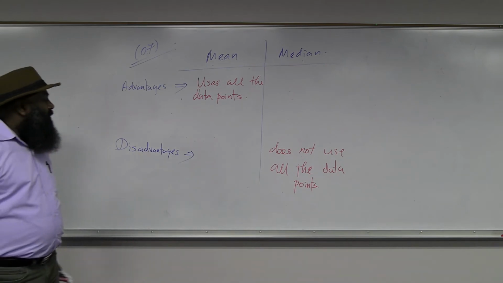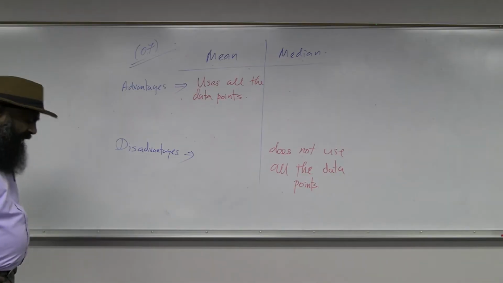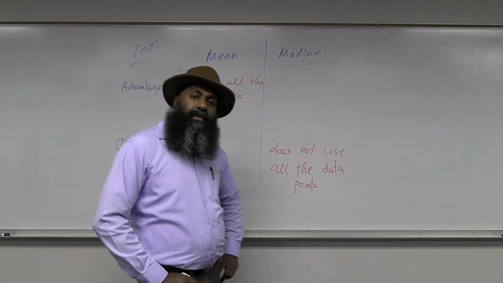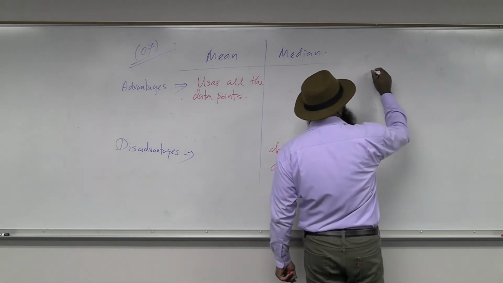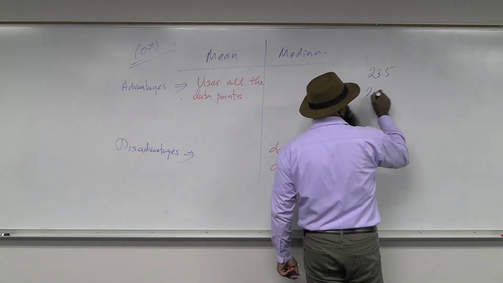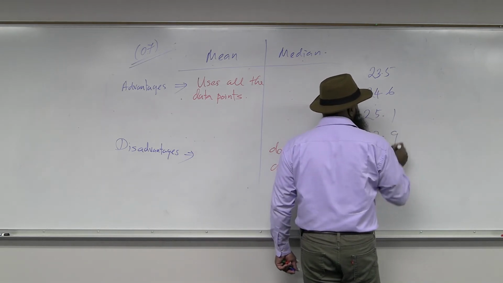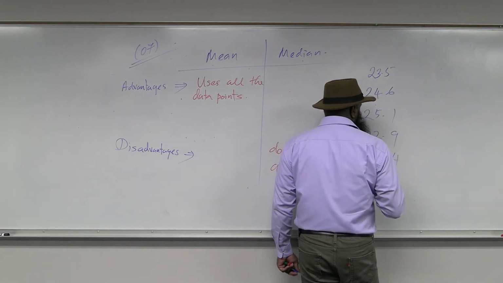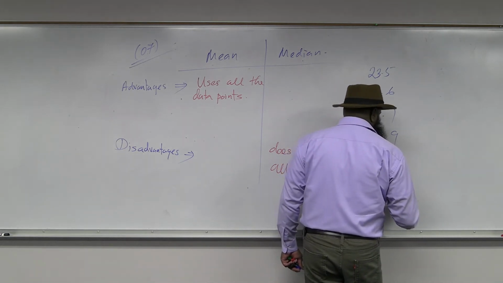Now look at the disadvantage and advantage of these other two. So what are the advantages of median? Let's say I have a data set like this: 23.5, 24.6, 25.1, 22.9, 23.4, 25.6 and 24.3.